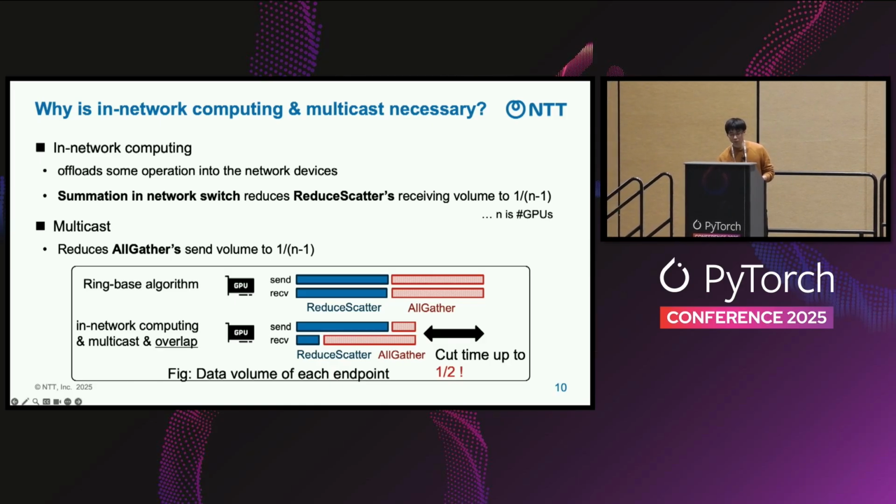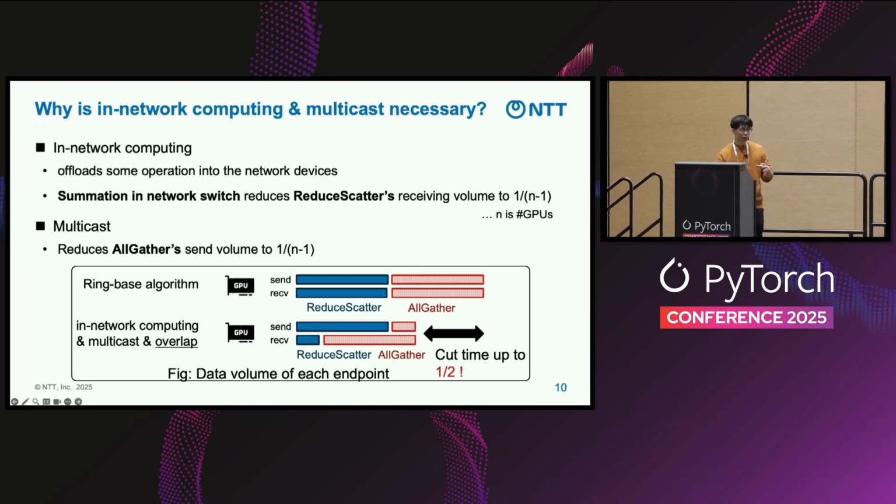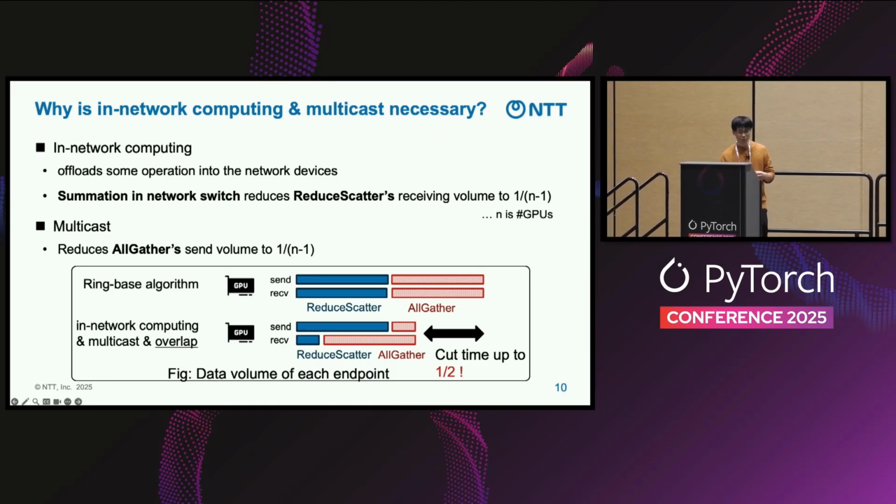And finally, we overlap these ReduceScatter and all-gather. We can reduce both the total send data volume and receive data volume. So we can reduce the ReduceScatter and all-gather execution time by this overlap.